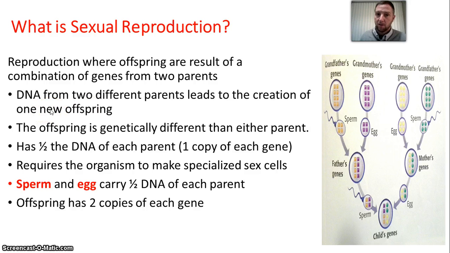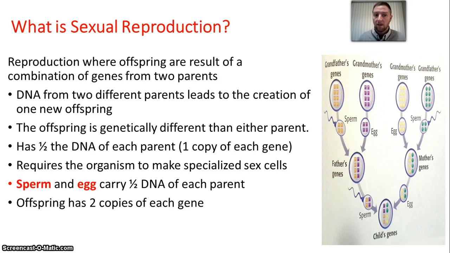Now you can have multiple children. I have three of my own. But in one reproductive event, we're creating an offspring. Can there be twins? Yes, that's an exception. We can talk about that in class.